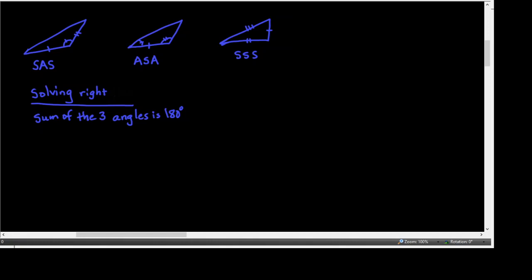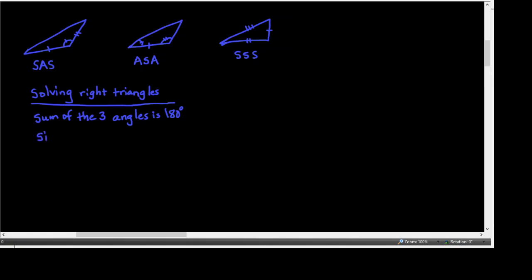So for solving right triangles, we have several things that we can use. Because remember, when we solve a triangle, we end up knowing all 3 angles and all 3 sides. So if you're given 2 angles, you can find the third angle by subtracting both of them from 180. We also know the trig relationships for a right triangle.